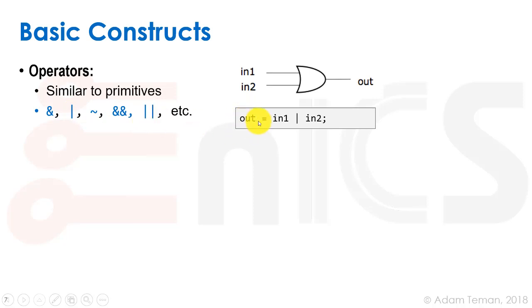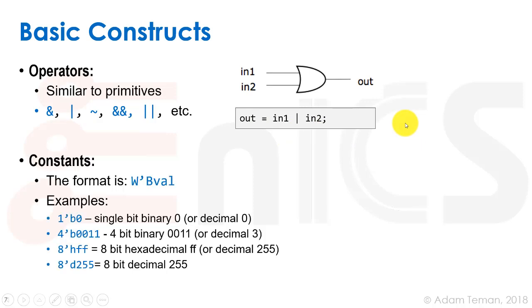We'll write something like this: out equals in1 or in2, and that makes the same description as the or primitive that we saw on the previous slide. And that's a bit more readable, and we'll see we'll have to add an assign keyword before that. But this is usually how we will show Boolean functionality.